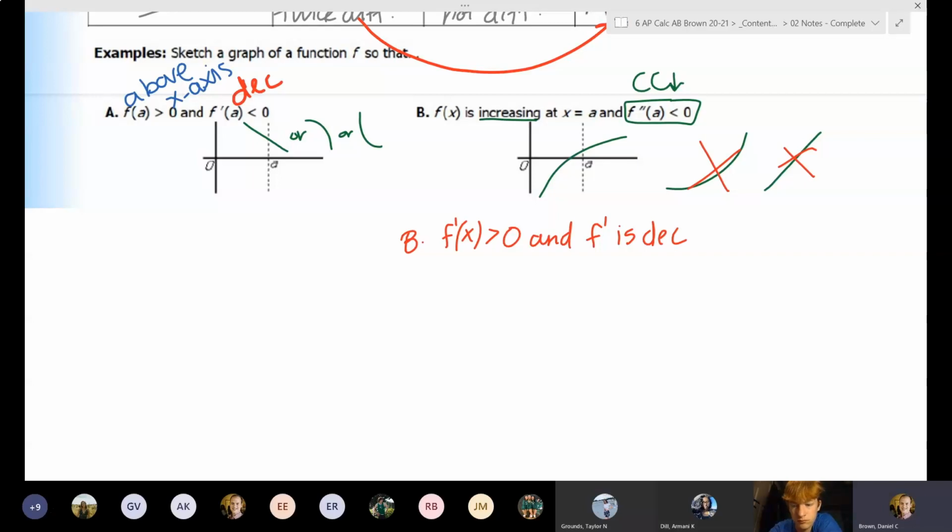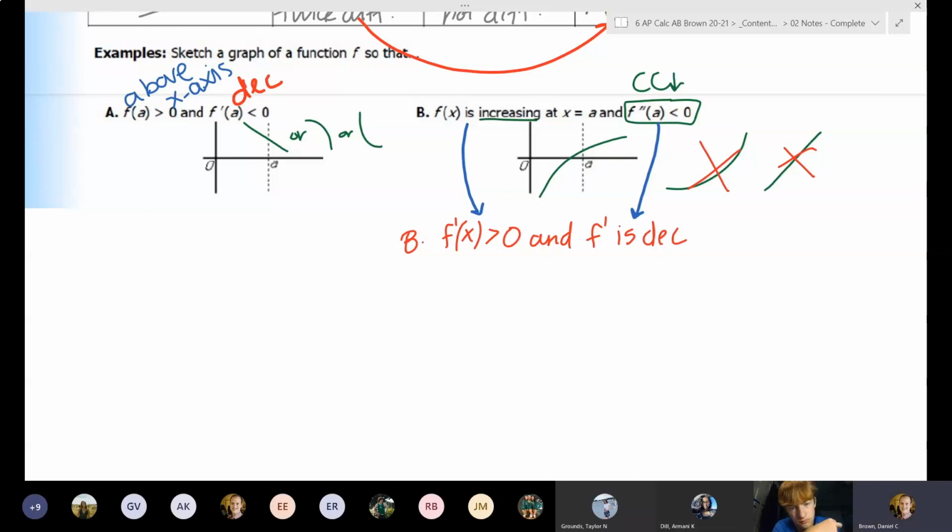So we know that an equivalent statement of saying that f is increasing, I could have just said f prime is greater than 0. Also, an equivalent statement of saying that f double prime is less than 0, I could have said f prime is decreasing. Those phrases are interchangeable. We want to get used to being able to switch between those two and interpreting them as both meaning the original function is concave down.